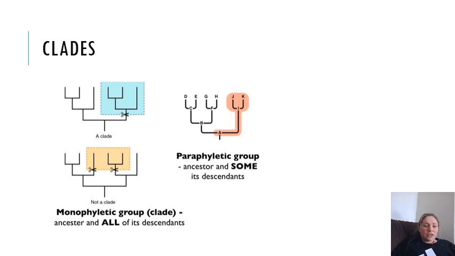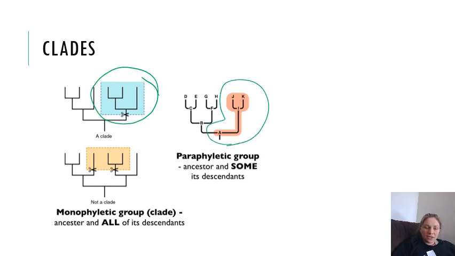Phylogenetic trees sometimes can also be called cladograms. There are a few differences. A clade is a section of the phylogenetic tree which is showing an evolutionary relationship between a set of organisms. A phylogenetic group has the ancestor and some of its descendants.